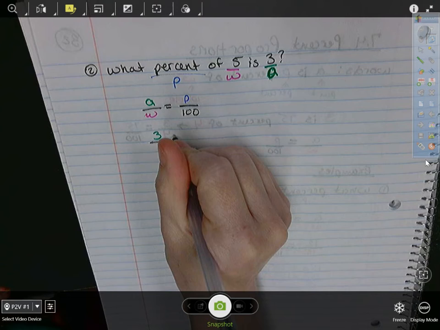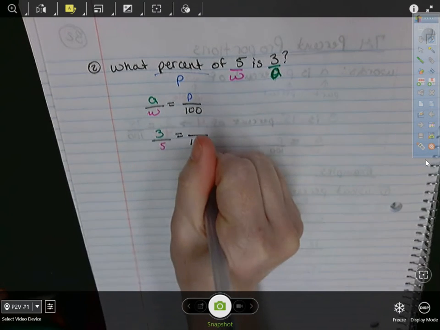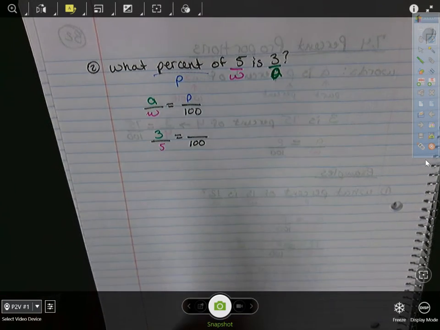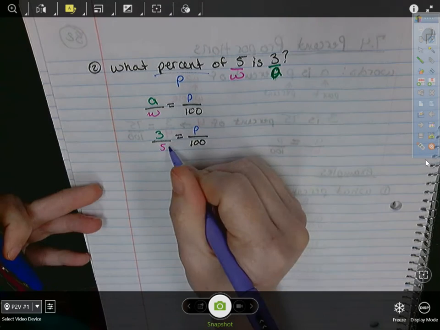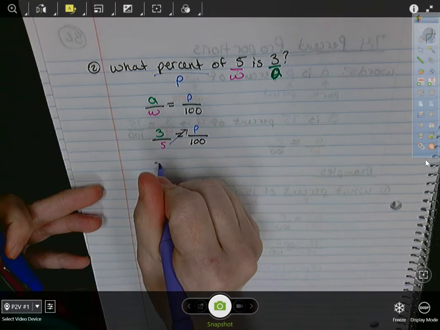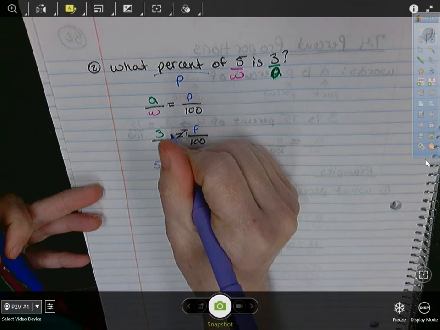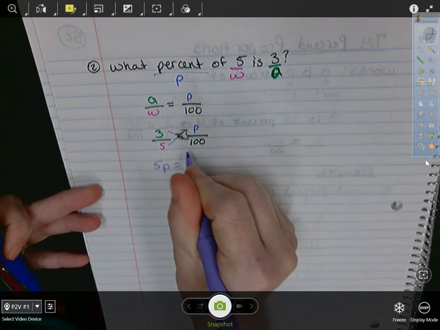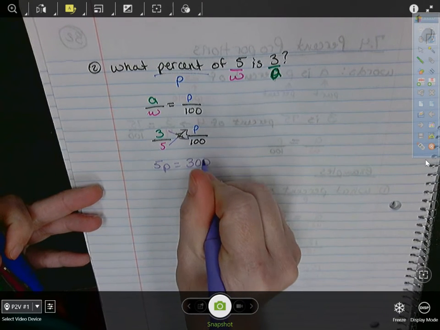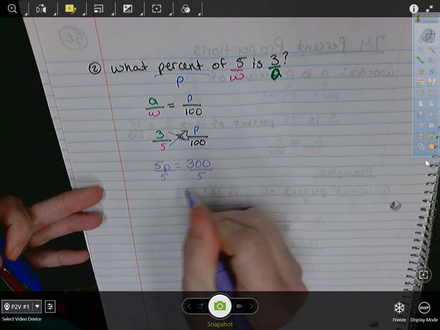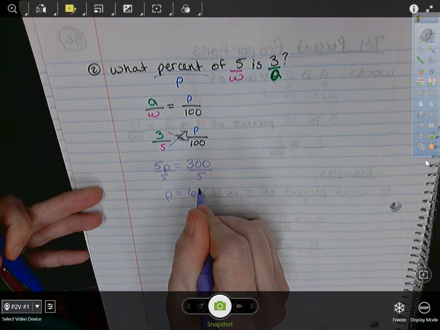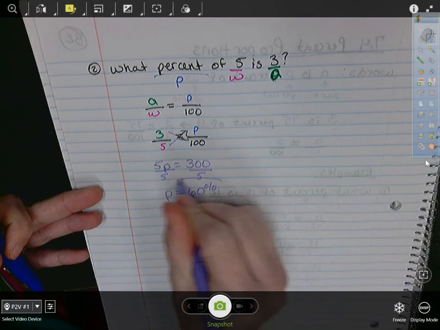And for percent, I don't know what that is, so I'm going to leave that as P. That's what I'm trying to find. Okay. All right, so we cross multiply. So first we do 5 times P, which is 5P. Then we do 3 times 100. 3 times 100 is 300. And then we divide both sides by 5, and we get P equals 60. So our percent would be 60%.